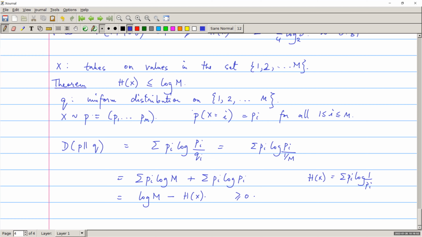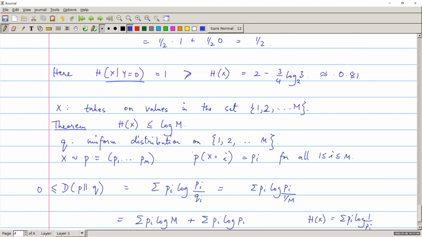Since the KL divergence is always non-negative, we must have log n minus H of x always greater than or equal to 0, or that the entropy of x has to be less than or equal to log n. That's how I knew this without computing.